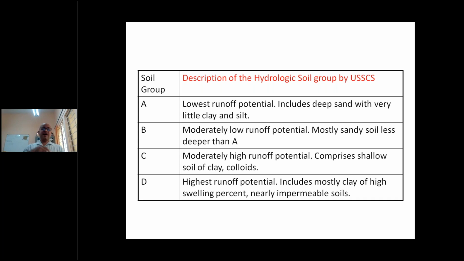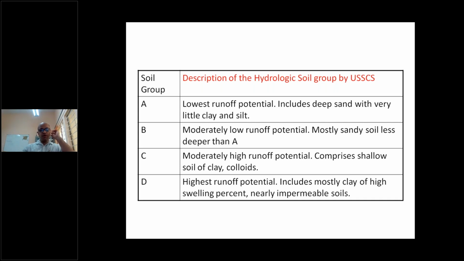So a soil with the highest infiltration rate will have low runoff, and the soil with the lowest infiltration rate will have high runoff. So the lowest infiltration rate soil is put into D category and the highest infiltration rate soil is put into A category, and similarly B and C.